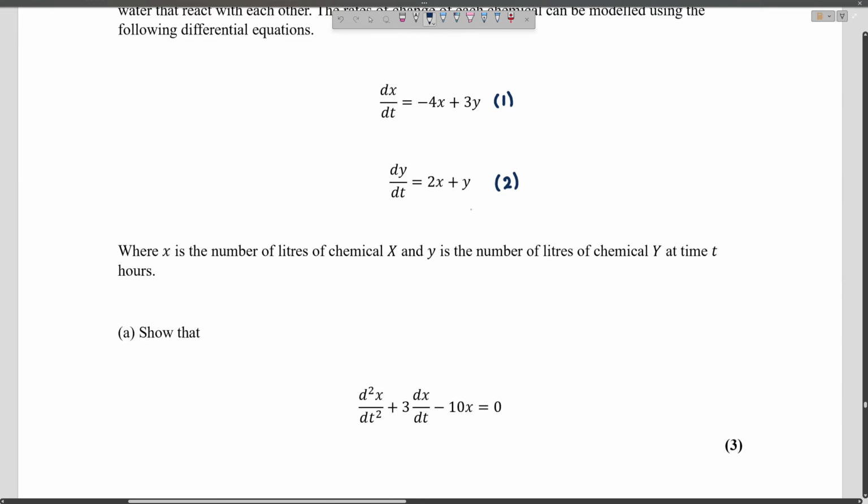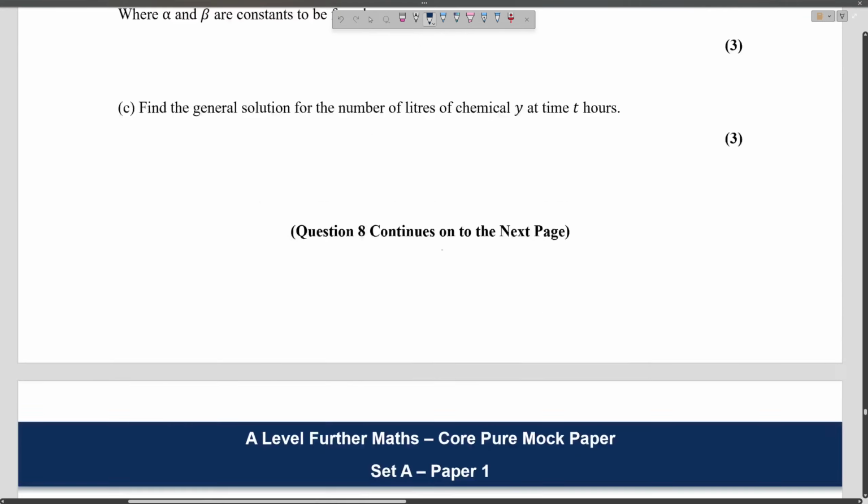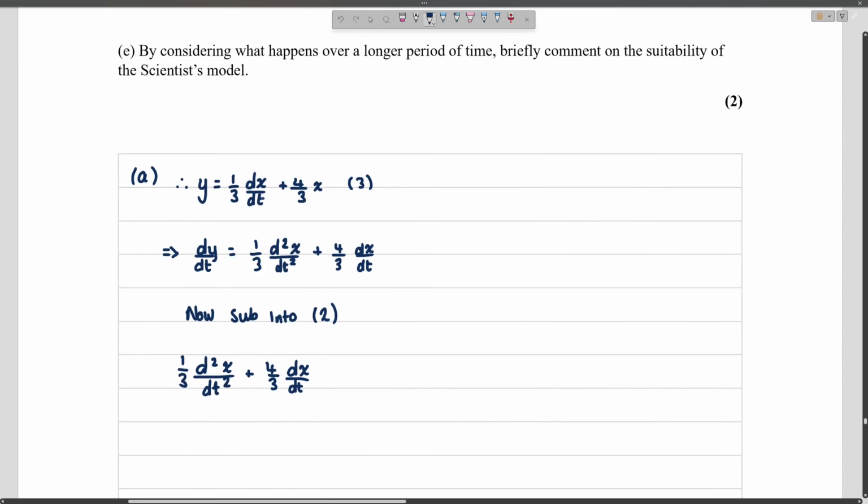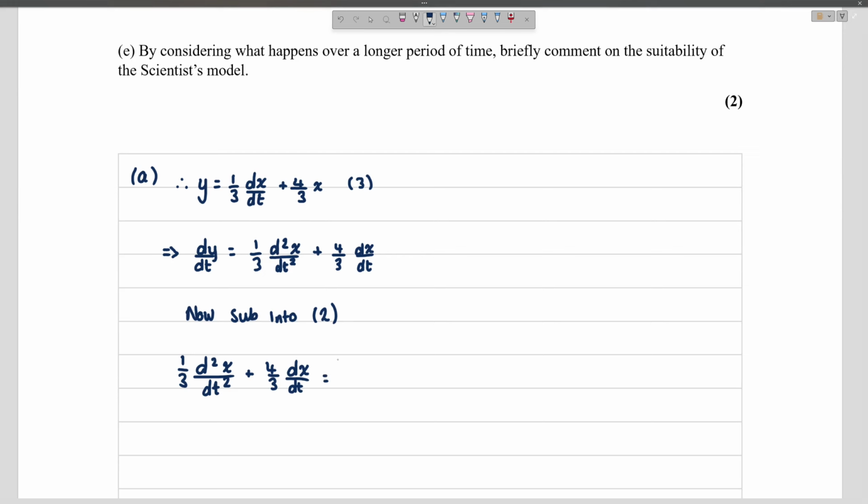I've also got 2x plus y, and y here is equation 3, right? 1 over 3 dx by dt plus 4 over 3 x there. So this is equal to 2x plus y, where y is 1 over 3 dx by dt plus 4 over 3 x there.